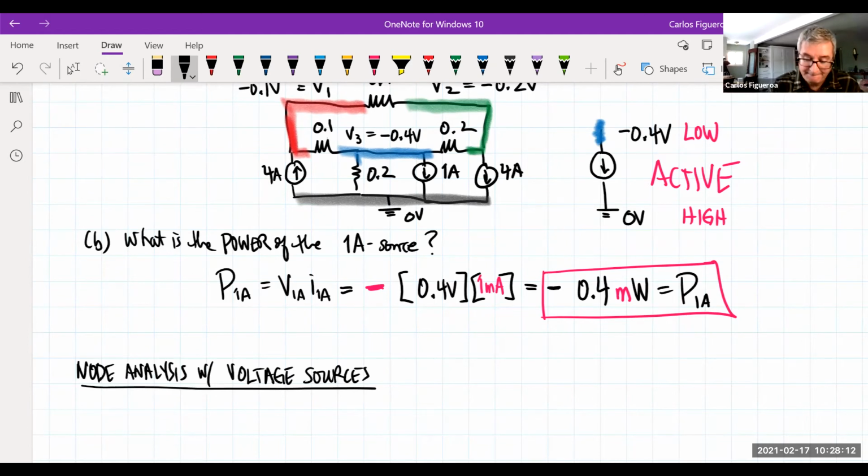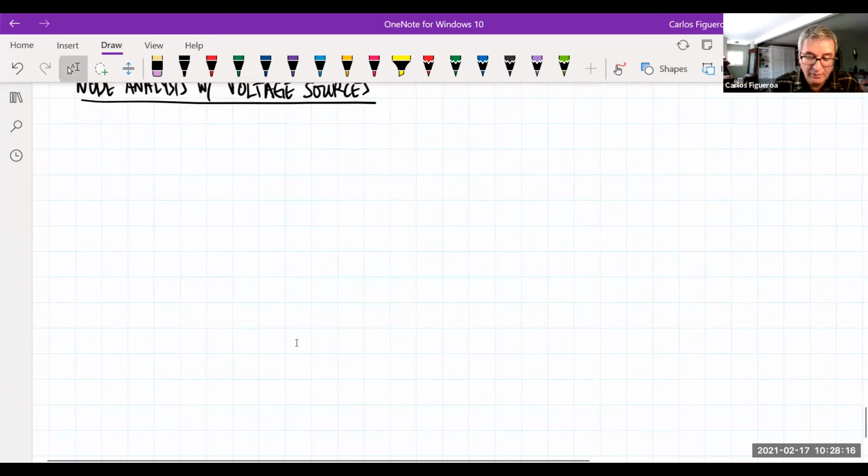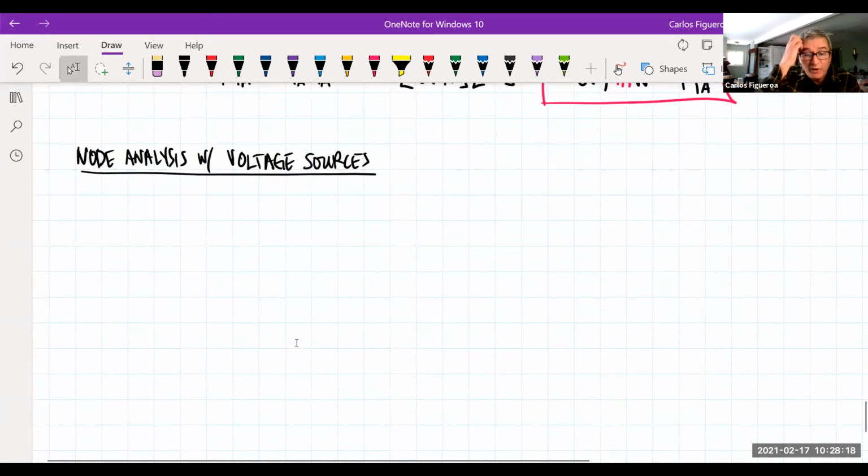So here I go. When you use node analysis with voltage sources, it turns out that the location of the voltage source in the circuit tells us what we have to do here.